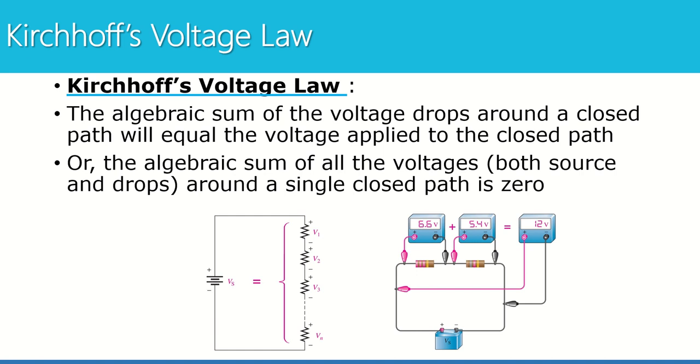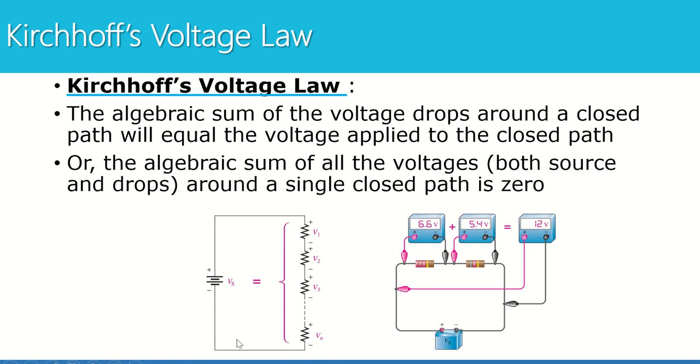So here's two examples of that KVL principle. We can see that if I have a series circuit with several resistors and I add up the voltage drop for each one of those resistors, it's going to equal the source. Another way of thinking about it is traveling along this closed path and adding up each voltage as you go using each voltage's polarity.